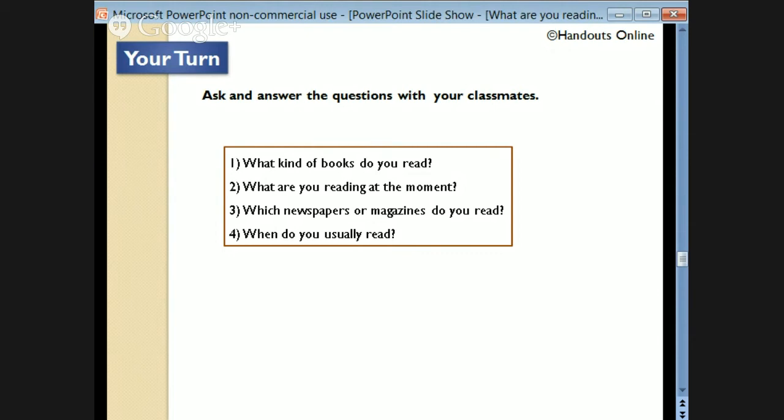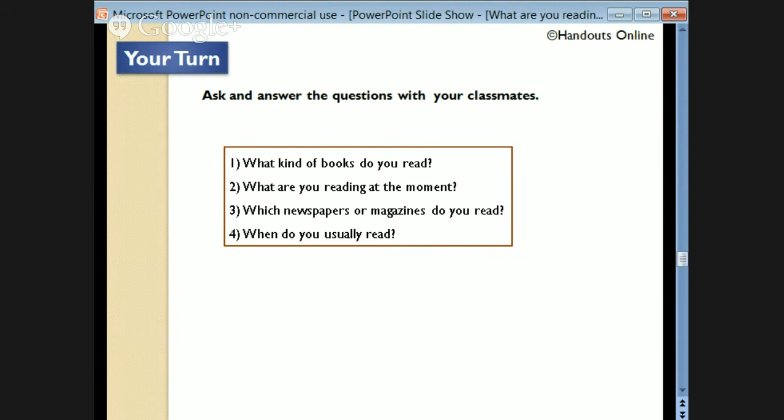Okay, let's try. What are you reading at the moment? No. Kind of book: novel, biography, thriller.